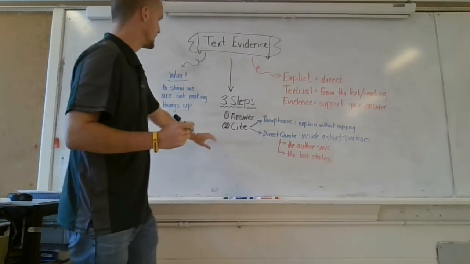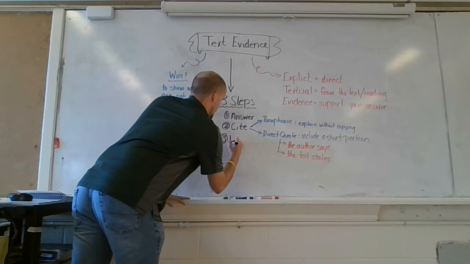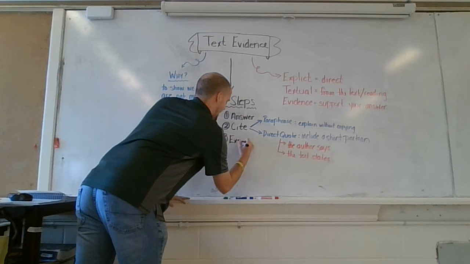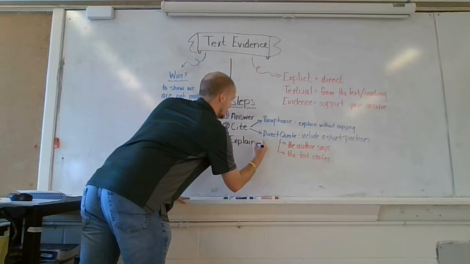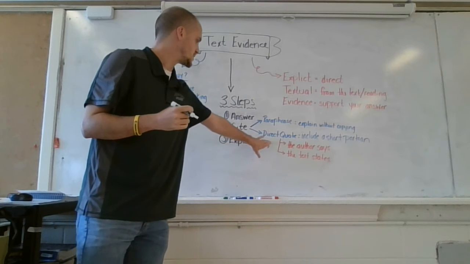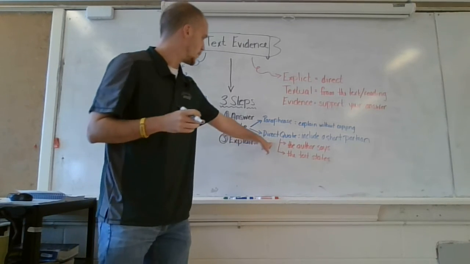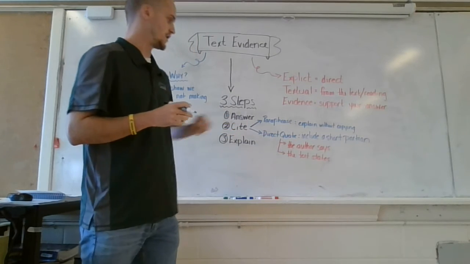The third step is explain. Explain. And this is, how does what you're citing prove you're right? Explain how what you cited proves your answer.